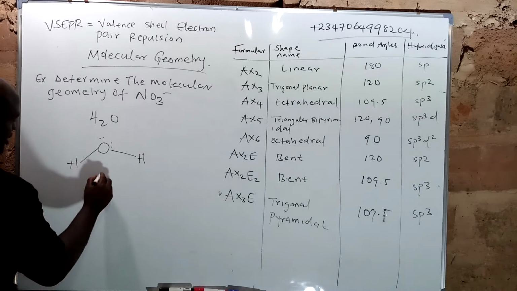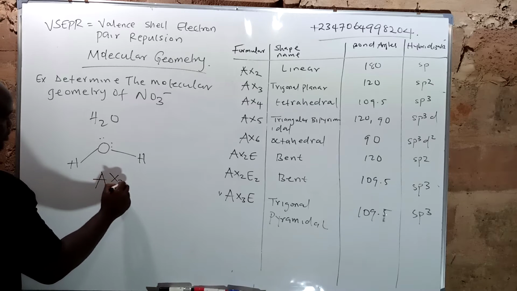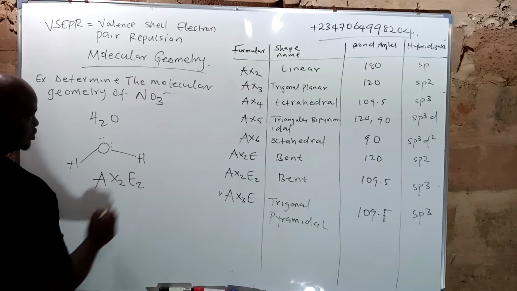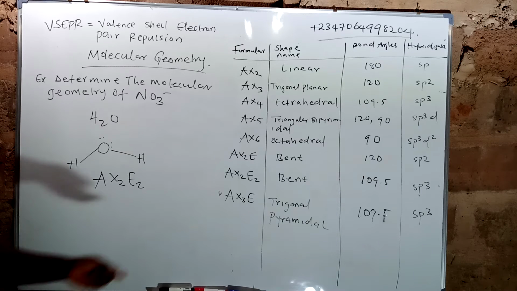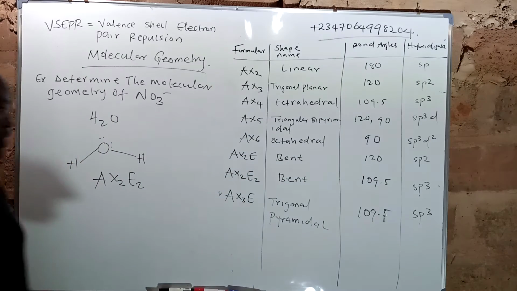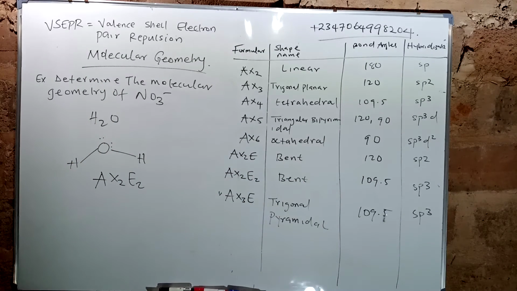And so this is AX2E2. Water also has a bent shape, and the bond angle is 109.5, as shown here on the board.